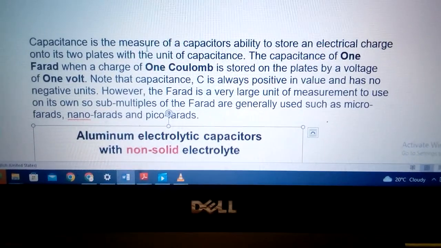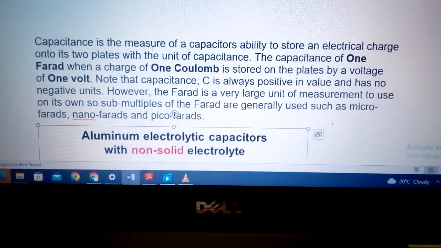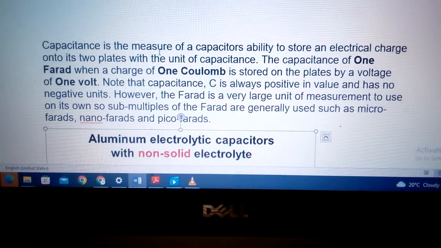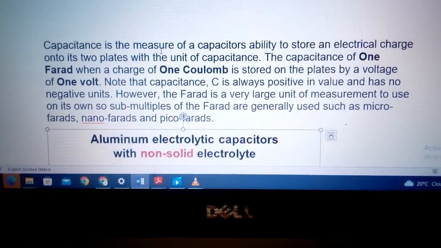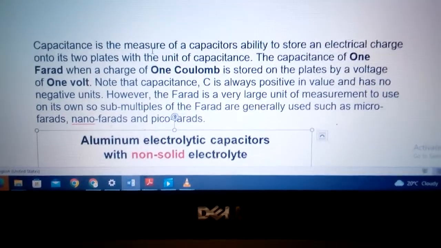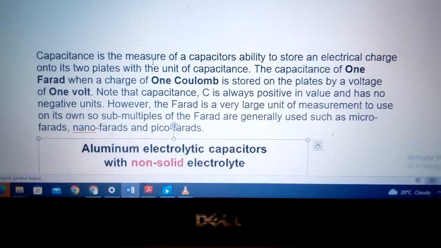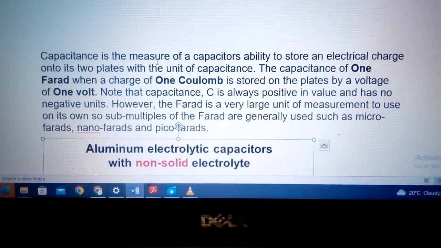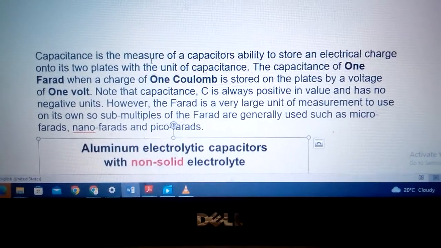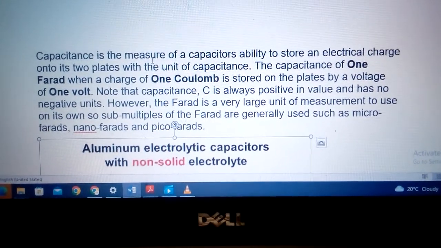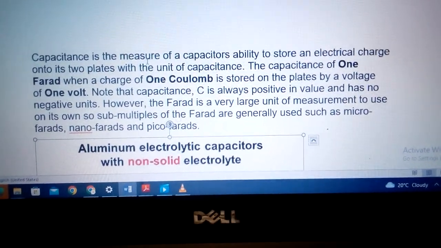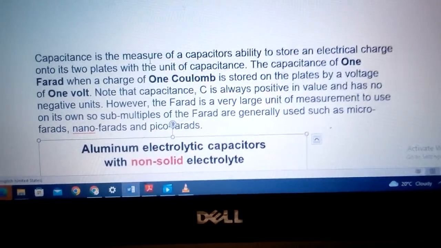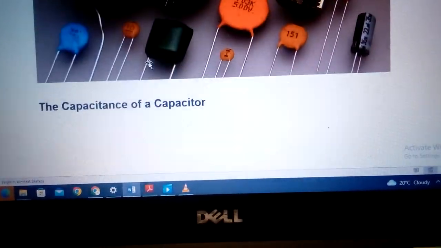Note that capacitance has neither negative nor positive units. It's just farad. Since a farad is a large quantity, it is subdivided into submultiples called microfarads, nanofarads, picofarads, etc.